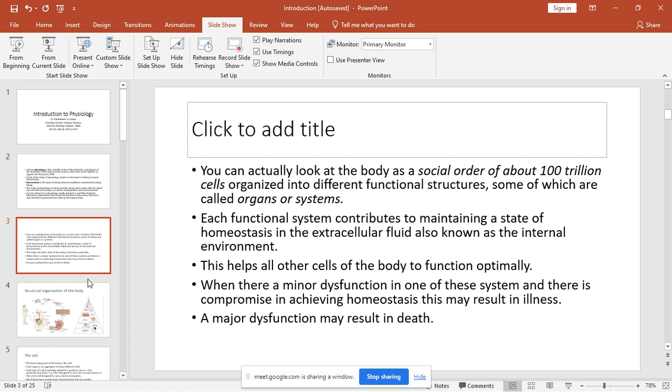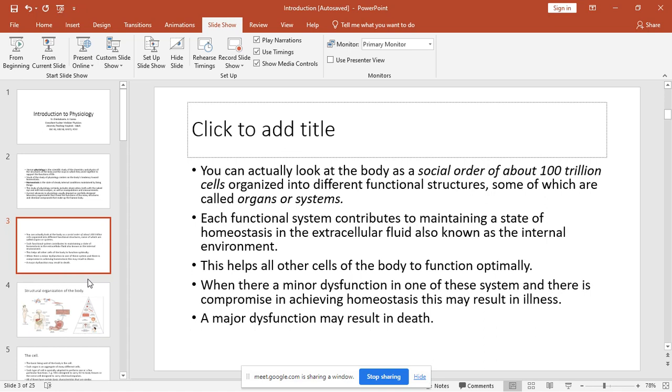If you look at the function of the body, we are going to talk about the organizational structure of the body. You know very well that the body is made up of cells, and those cells make up different tissues, and the different tissues make up different organs, and the organs make up systems, and the systems together make up an organism.